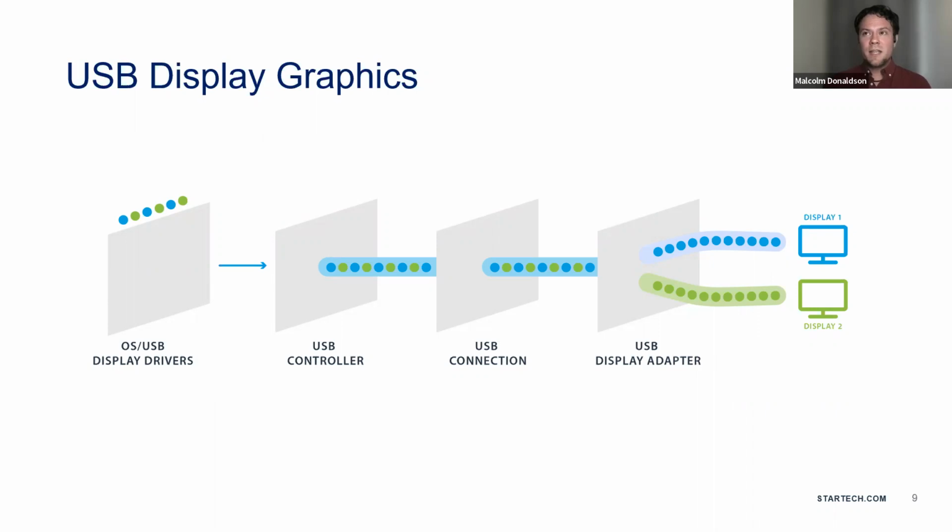But it definitely can be considered a universal connection option, and it can definitely reduce confusion between different hosts and different operating systems, simply because it doesn't require DP alt mode from a USB-C port or a Thunderbolt port, for example. It can work with a wide variety of host configurations.